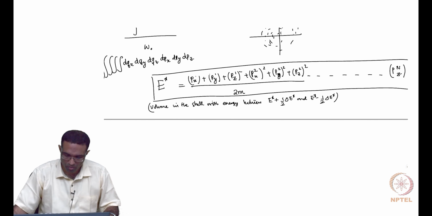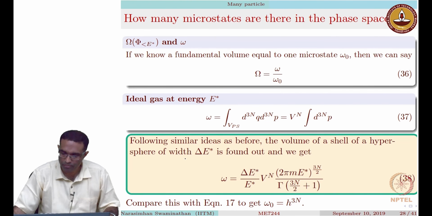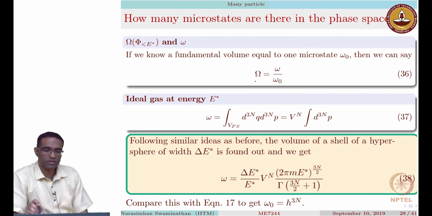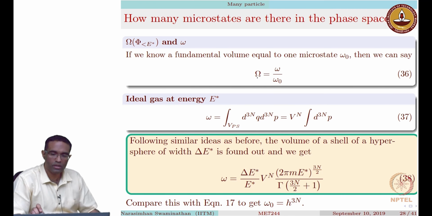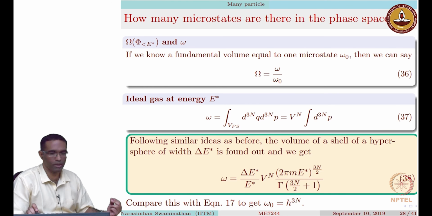Okay, what I wanted to show you is the following interesting aspect. This omega that I wrote down here is the total number of microstates available to the system, and it is nothing but this small omega, which is the total volume under the phase space, divided by omega naught, which is a fundamental volume element.